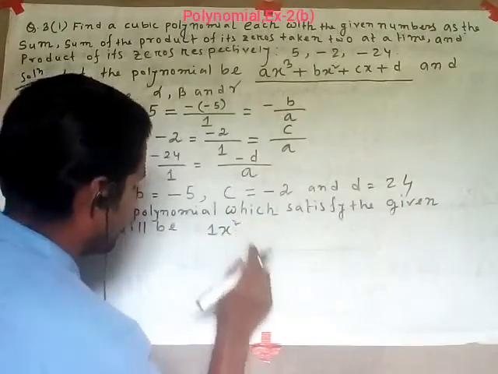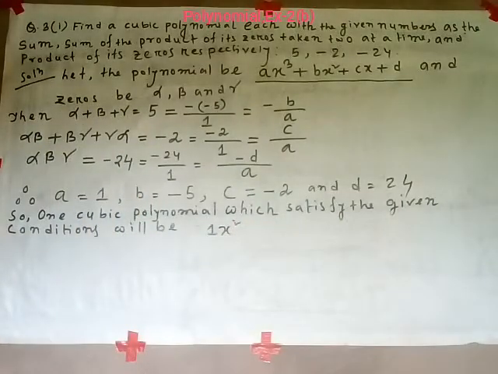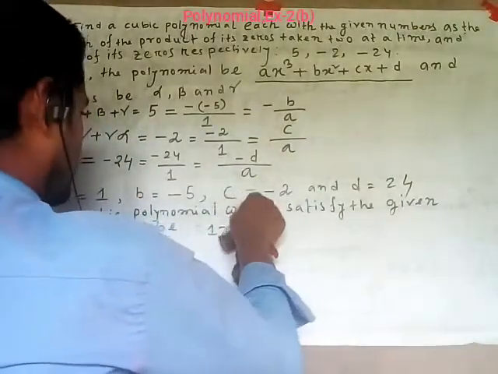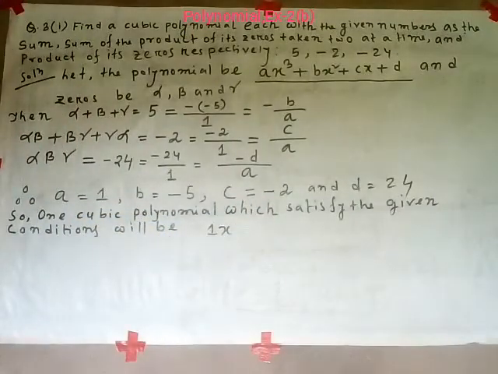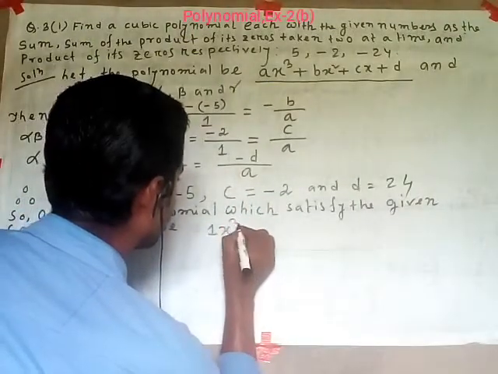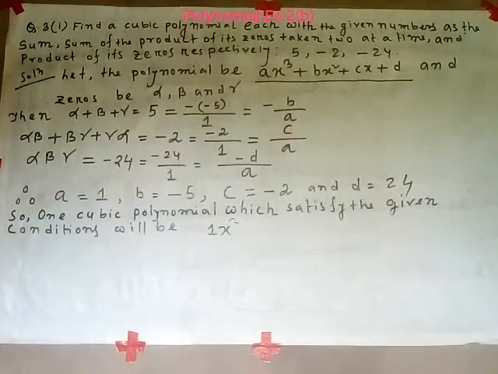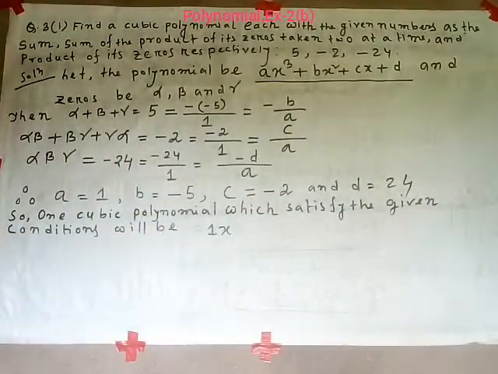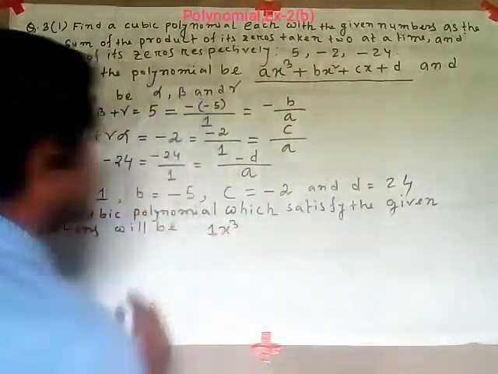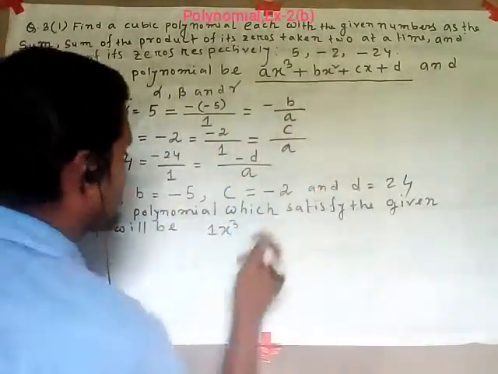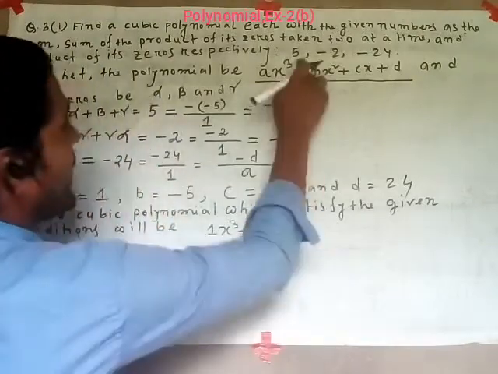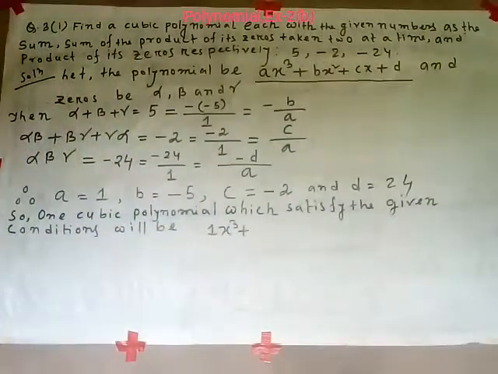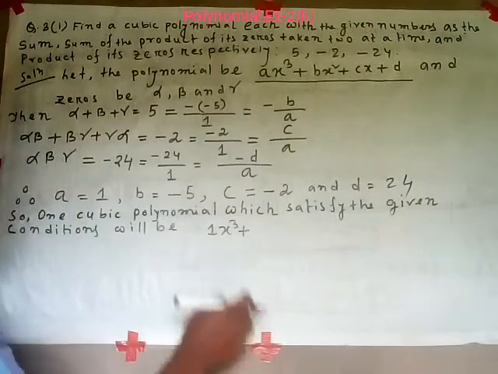Plus 1 x cube, then plus bx square. What is the b value? Look, where is the b value?